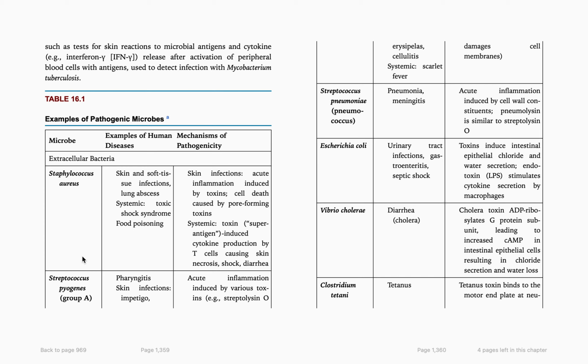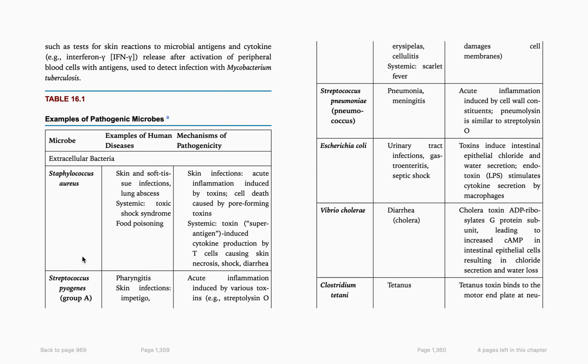We have Vibrio cholerae, which causes the diarrheal disease cholera. This is cholera toxin, which ADP-ribosylates the G protein subunit, leading to increased cyclic AMP in intestinal epithelial cells, resulting in chloride secretion and water loss. We have Clostridium tetani.